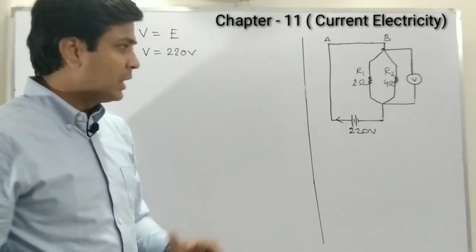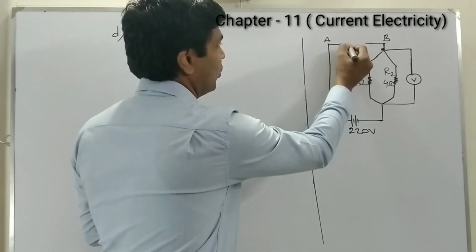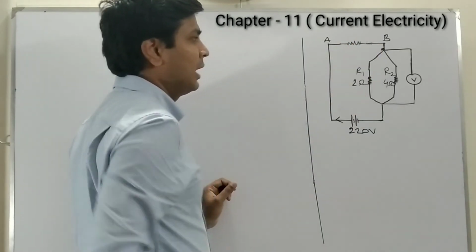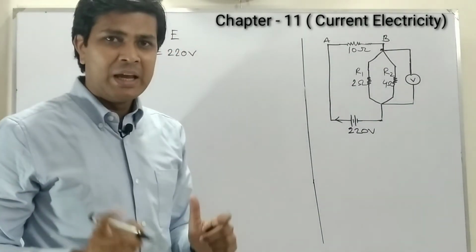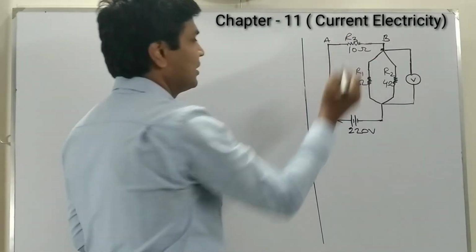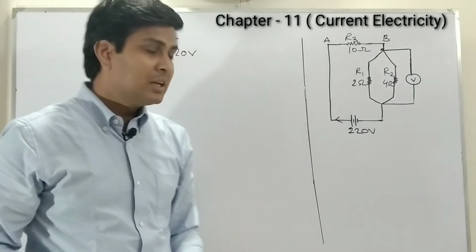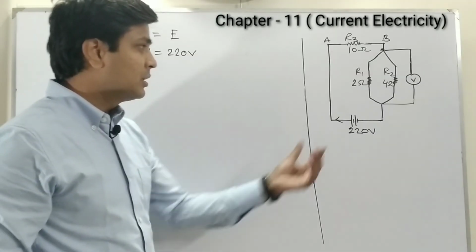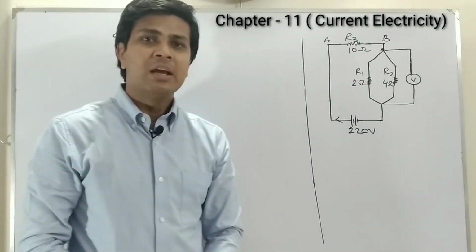Now in that question we are asked to add another 10 ohm resistance between A and B. If you consider the resistance as R3, and observe the circuit closely, then you can see that the equivalent resistance of this circuit and the given circuit is not equal.